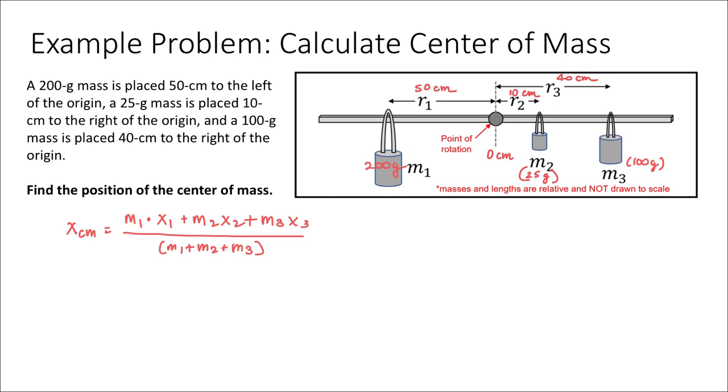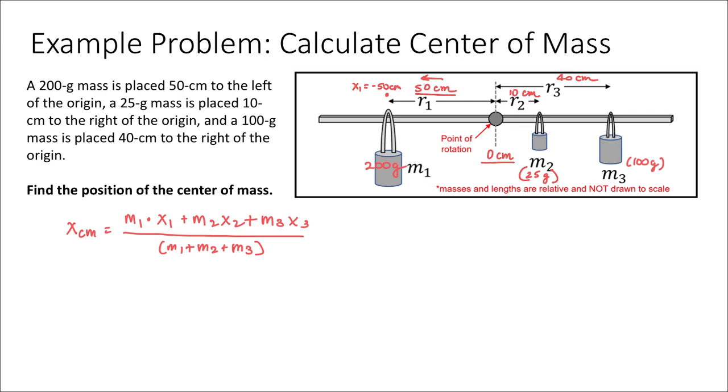Then I need to decide what each of those X values are going to be. Well, if the distance from the center for this first mass is 50 centimeters, then X1 equals negative 50 centimeters. So I'm thinking like a number line. If this is 0 and that mass is 50 centimeters to the left of 0, then it's at the position of negative 50 centimeters.